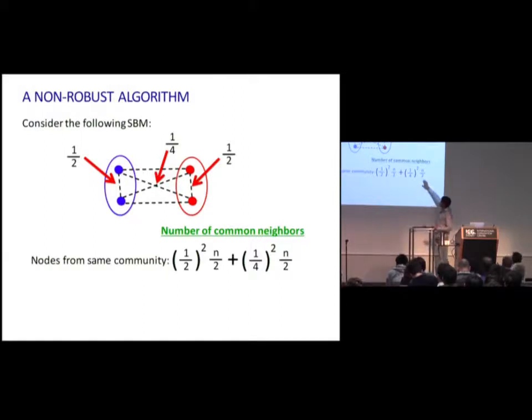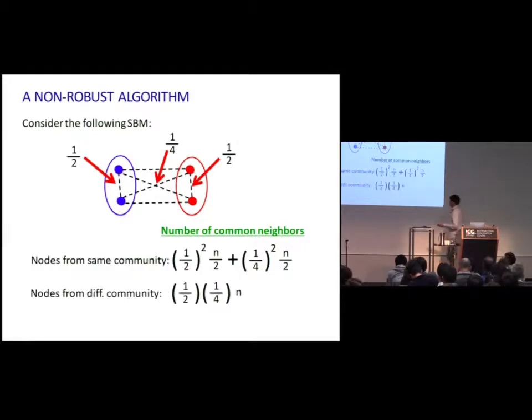And if instead that other node comes from the red community, we get both of the edges with probability 1/4. So this is the expected number of neighbors in common if the two nodes belong to the same community. And this is the calculation if the nodes belong to different communities.